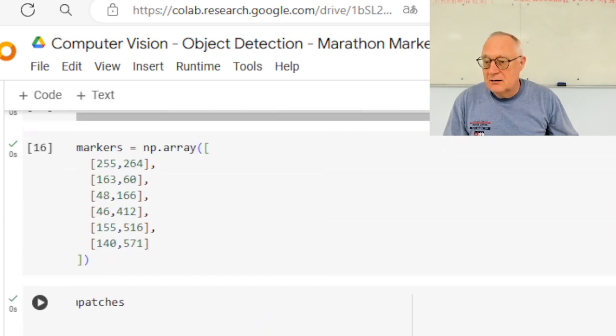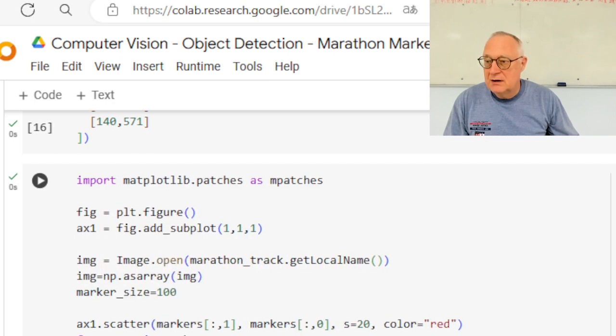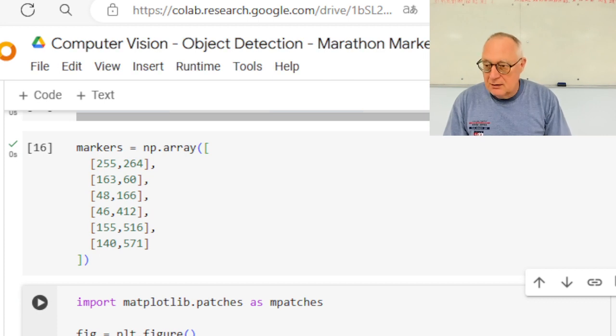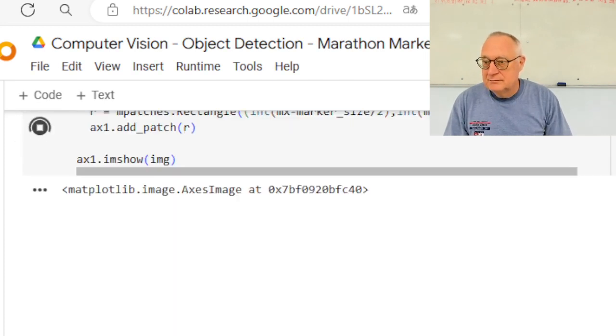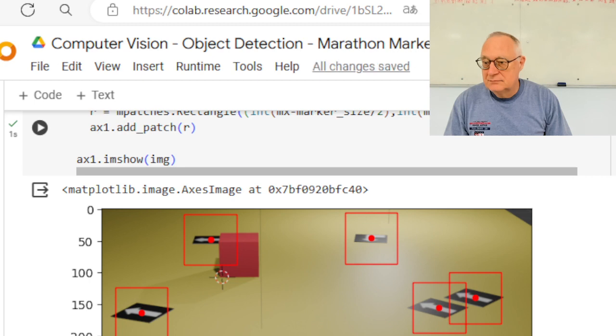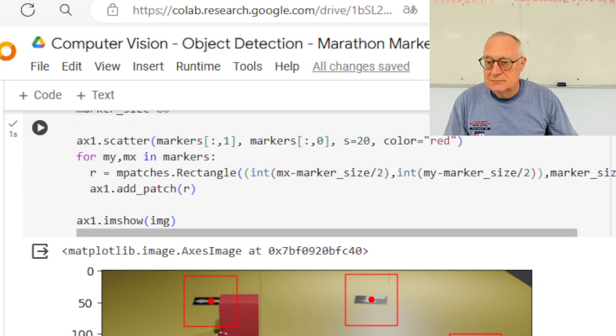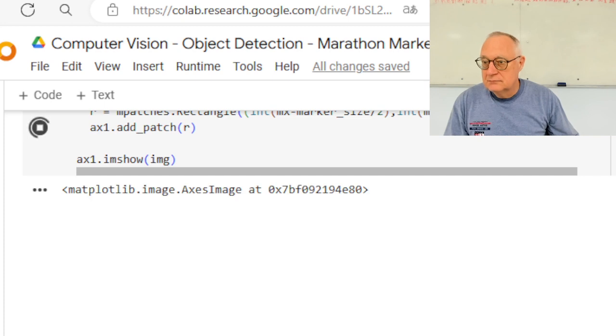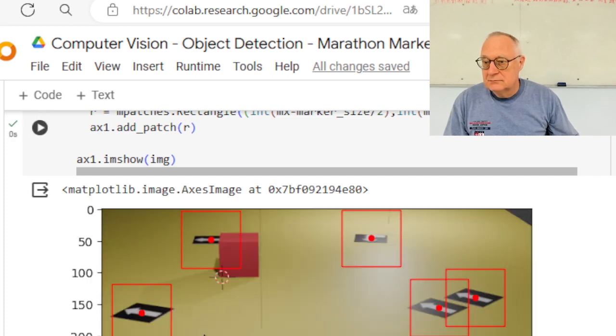Okay, then we can make our bounding box a little bit smaller. How about 80? Let's shift that one over.